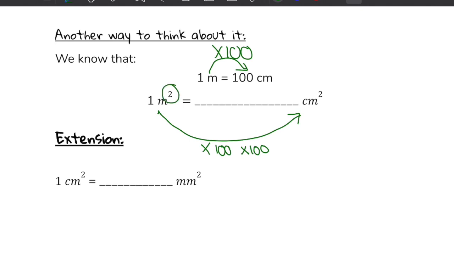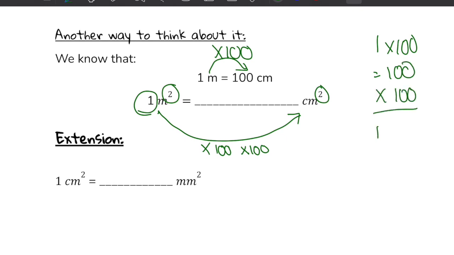Because this is squared, it's two-dimensional. So how do I get the factor? I take this 1 times 100 equals 100. Then I do that again times 100, and that's 10,000. So I multiplied twice. So I know that 1 square meter is equal to 10,000 centimeters squared, just like we got on the other page.